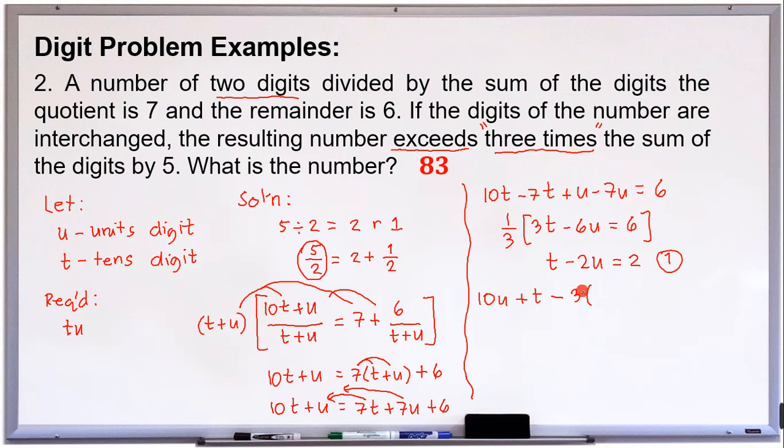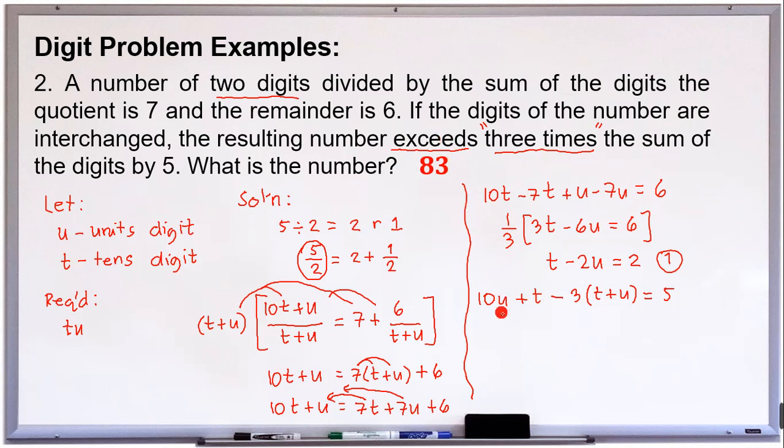So the sum of the digits is represented by the expression t plus u. Again, t plus u represents the sum of the digits. Now, the reverse number, minus 3 times the sum of the digits. The answer is 5, because this is the magnitude of the subtraction operation that happens for the second sentence.